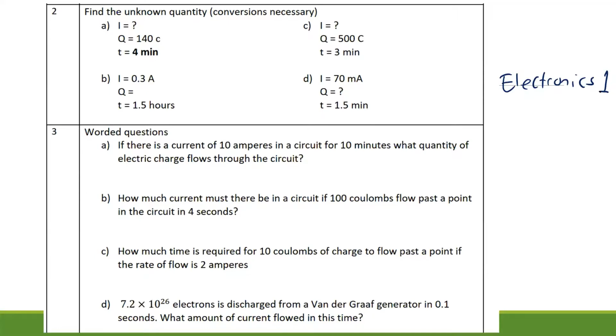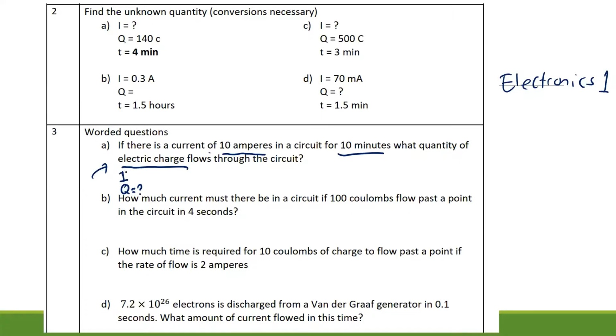3A. If there is a current of 10 amps in a circuit for 10 minutes, what quantity of electric charge flows through the circuit? Okay, this is a question that's asking us about charge. It's asking us to find out what Q is.